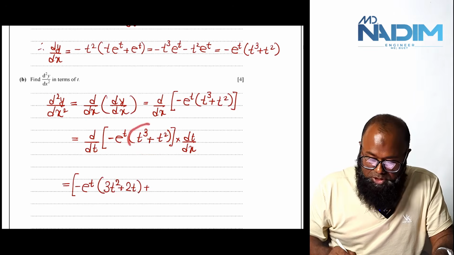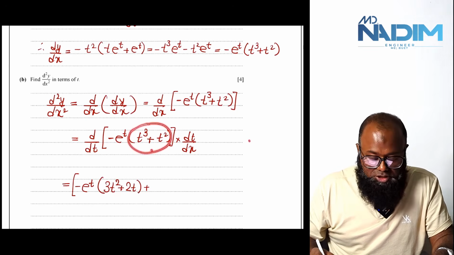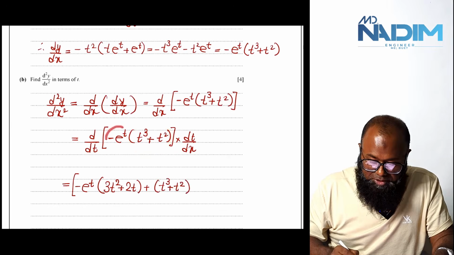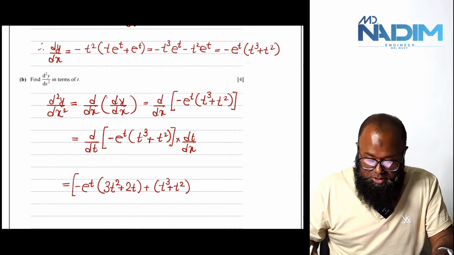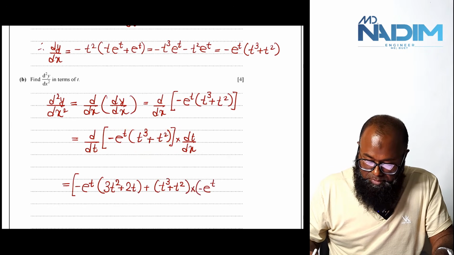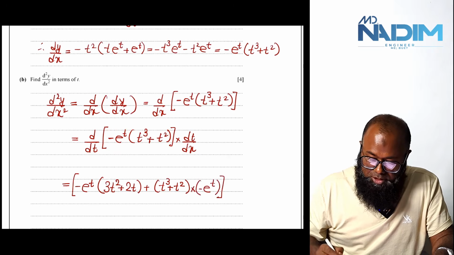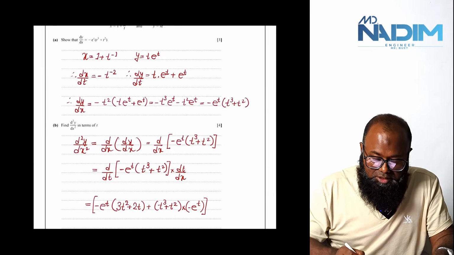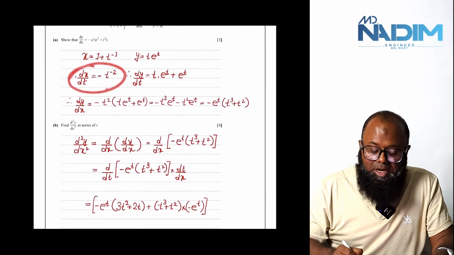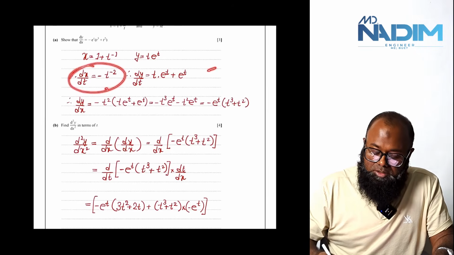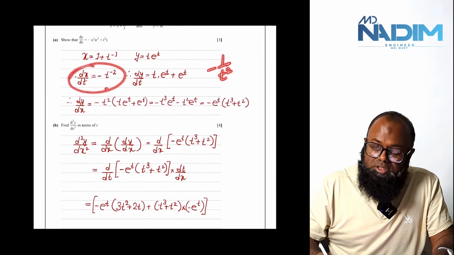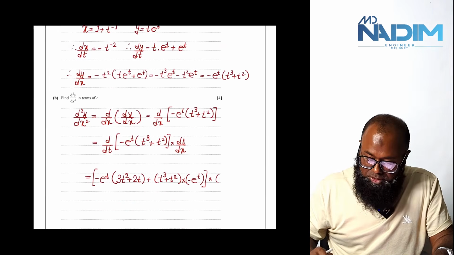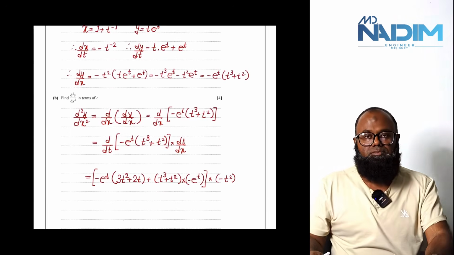Now I'll keep this one as the product: t cubed plus t squared into, if I differentiate this, I'll get minus e to the power t, into dt by dx. What is dt by dx? dx by dt is minus 1 by t squared. Now 1 over this would be minus t squared. So this one into t squared, minus t squared.